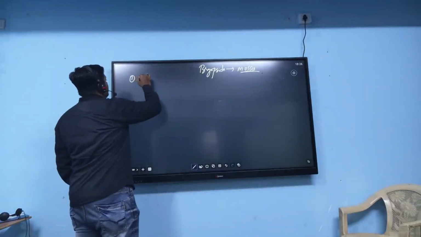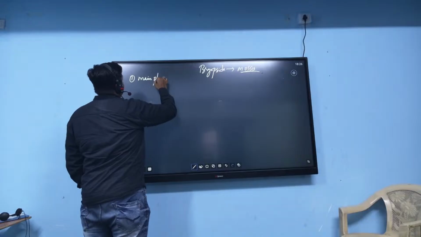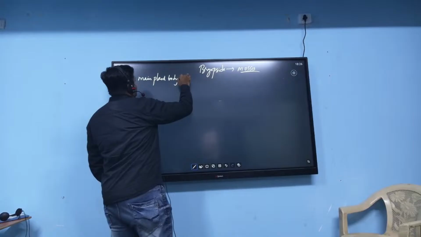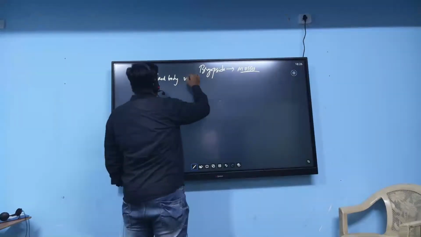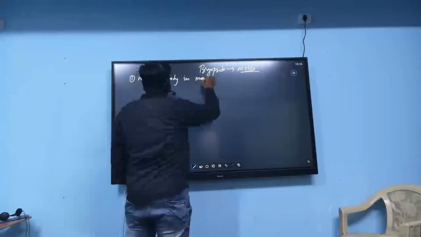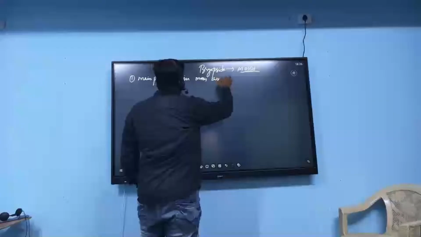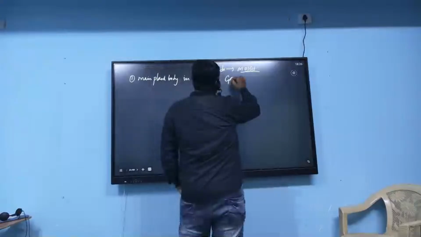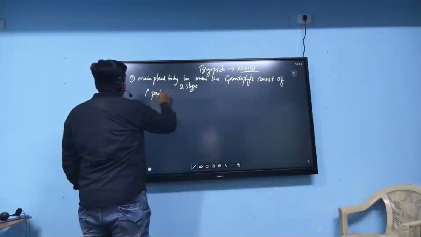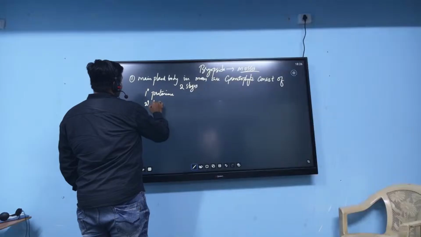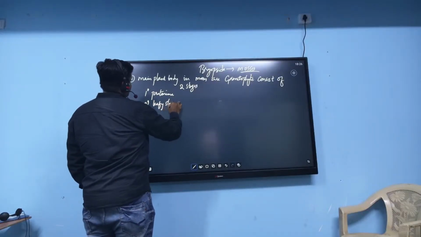So here, the main plant body in mosses is gametophyte. It consists of two stages: one is primary protonema, and one more is the secondary leafy stage.